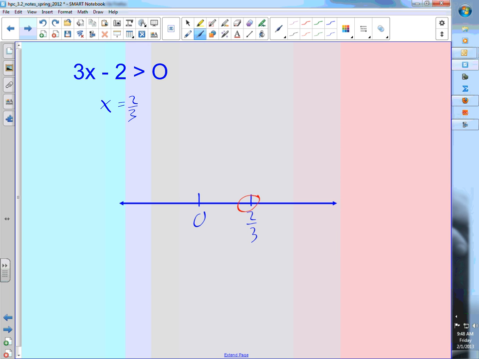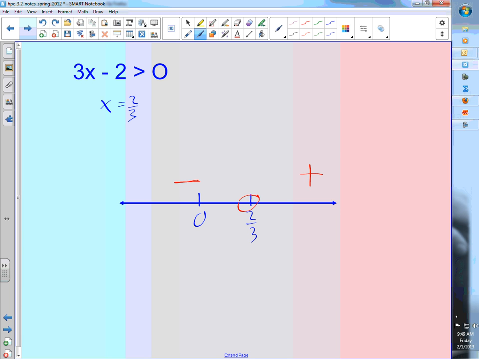Pick any number to the left of your root. There's only one root here, so you have left side and right side. Pick a number to the left. I'm going to use 0 and plug it in. Okay? To 3x minus 2. If you put in a 0, you get a negative. The left side to the left of your root is negative values. To the right of 2/3, put in 100. 3 times 100 is 300 minus 2.